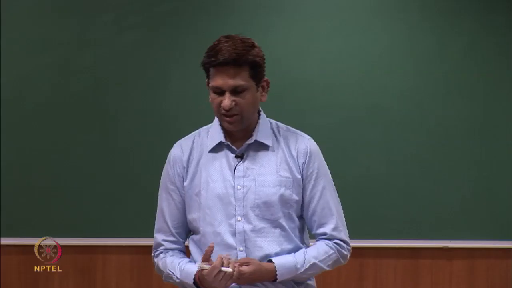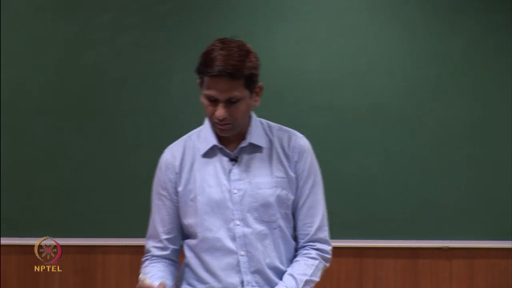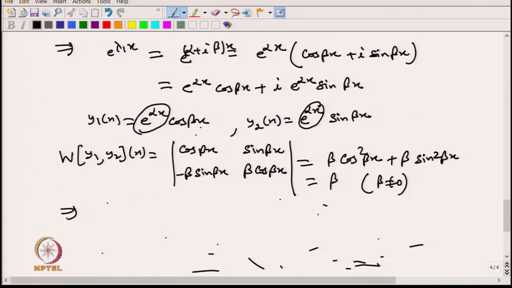In this case we are considering complex roots, so my beta is never equal to 0. So, my Wronskian is not equal to 0, and I can say that y 1 x and y 2 x are linearly independent.